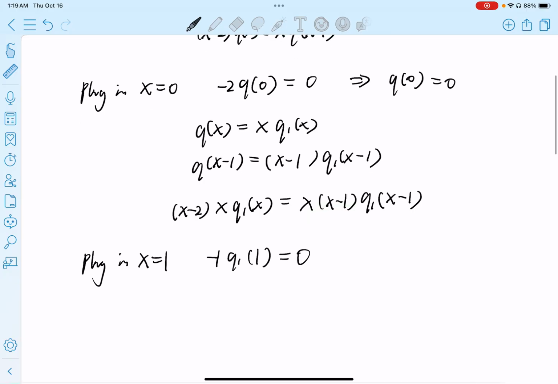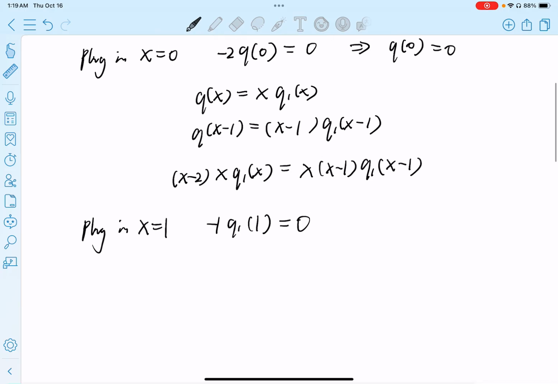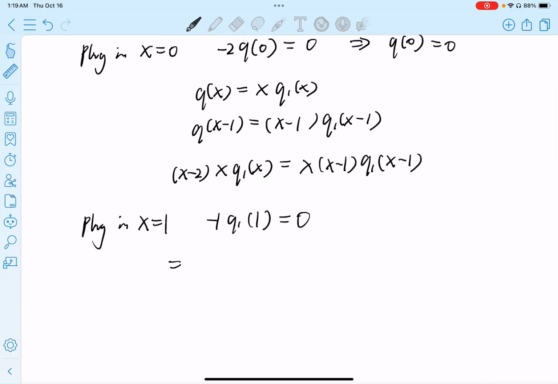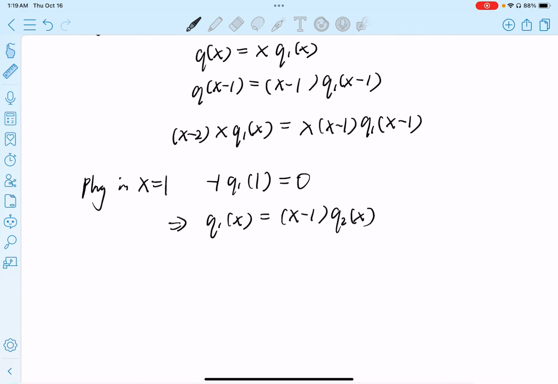This tells us 1 is a root of q1. So q1 has a factor of x minus 1, which means that q1 can be written as x minus 1 times q2 of x. Equivalently, q1 of x minus 1 is equal to x minus 2 times q2 of x minus 1.